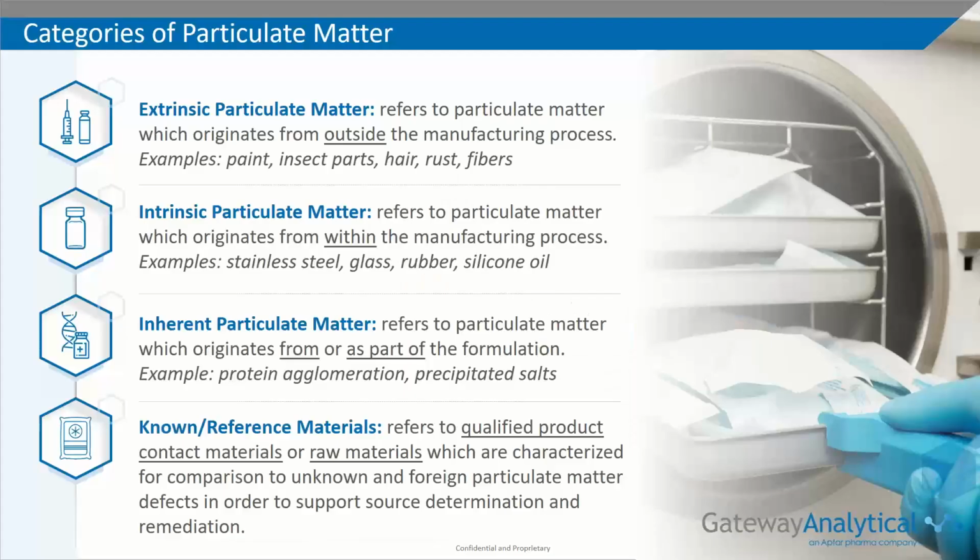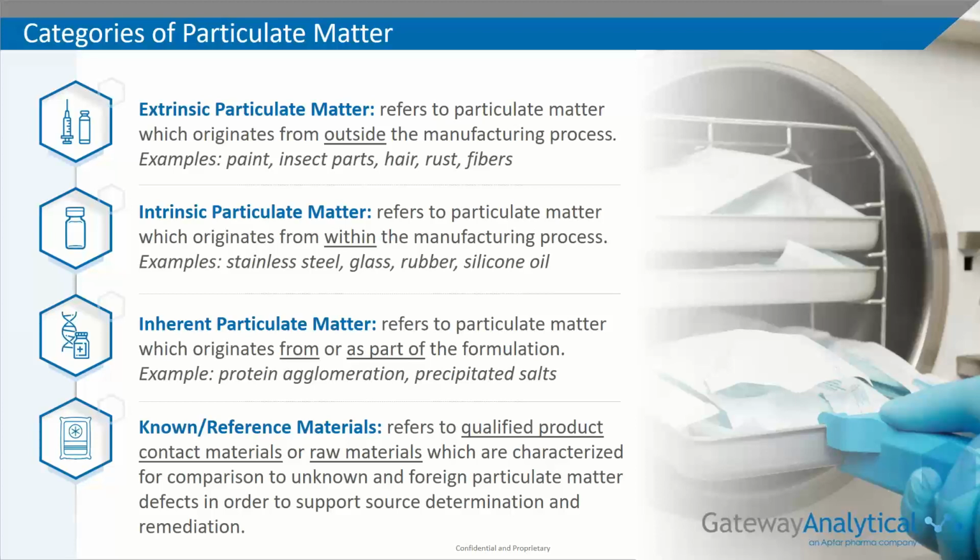So the categories of different types of particulate that we look at are, for example, extrinsic particulate matter, and these are the ones that occur outside the manufacturing process, such as paint, insect parts, hair, and there's a whole array of different types of particles that we will deal with from an environmental standpoint or other sources.